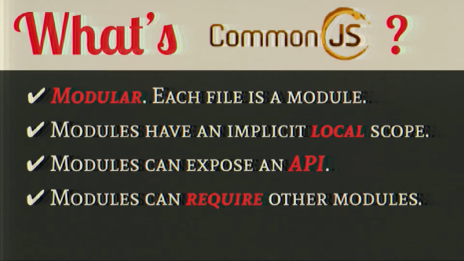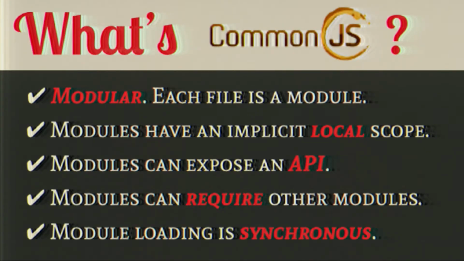And they can require other modules in, like we've seen with Gulp. And module loading is synchronous, and it happens in code. So it's not like AMD, where you have to work through all of this asynchronous magic code and then compile it down to a bundle in production, which makes no sense.